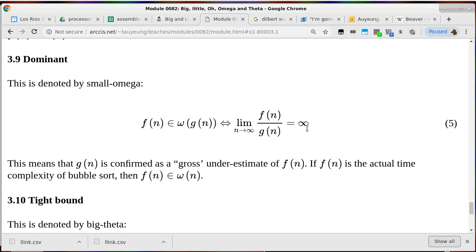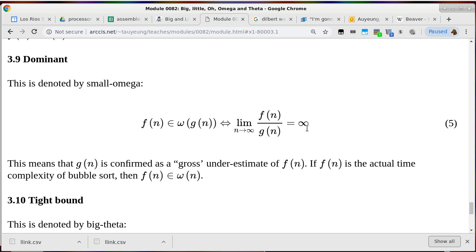Now remember, in order to qualify to be dominant, it has to be a lower bound first, because for a lower bound the limit inferior is greater than 0. This one is saying the limit is approaching infinity. So anything that meets the requirement of dominant is automatically a lower bound, but not the other way around.